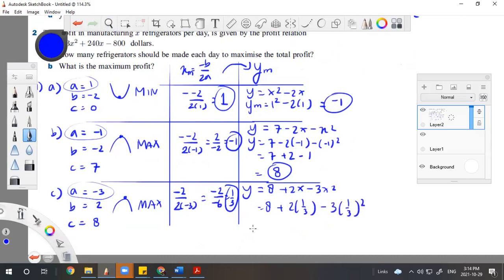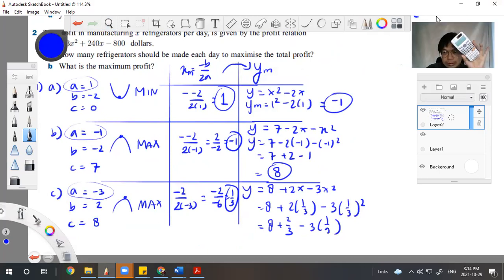Negative fraction, and we cannot get rid of the fraction. So 8 plus 2 over 3 minus 3 times 1 over 9. And I have the best tools to do calculator. 8 plus 2 over 3 minus 1 over 3, right?